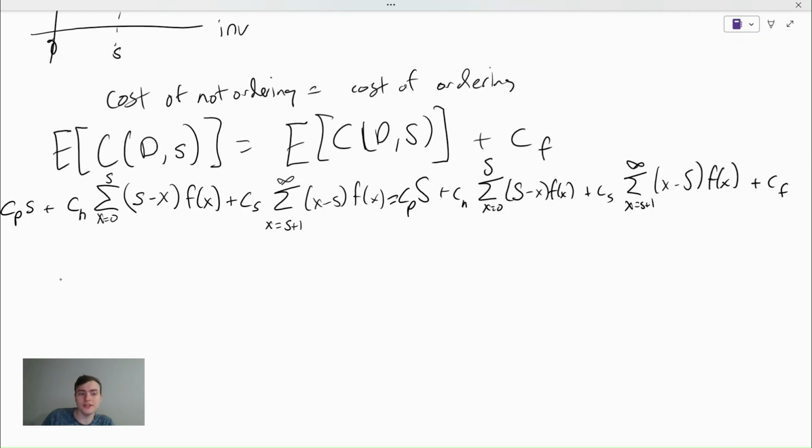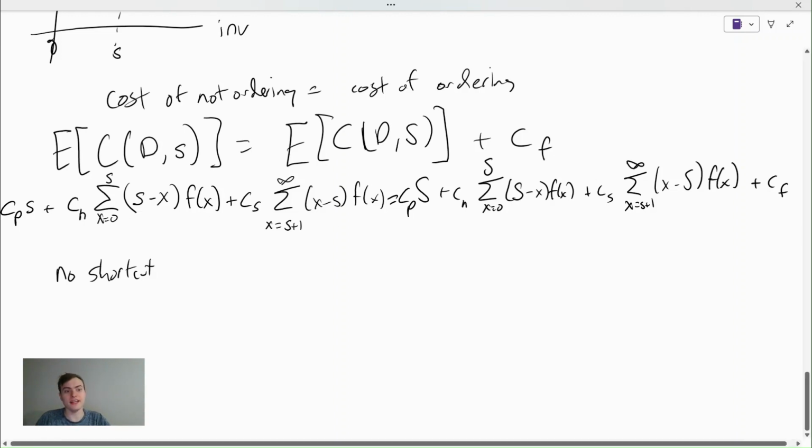And there's no shortcut from here. To find this little s, we're going to have to plug in the specific values of x that are possible, the specific values of s that are possible, and find the resulting value of little s.